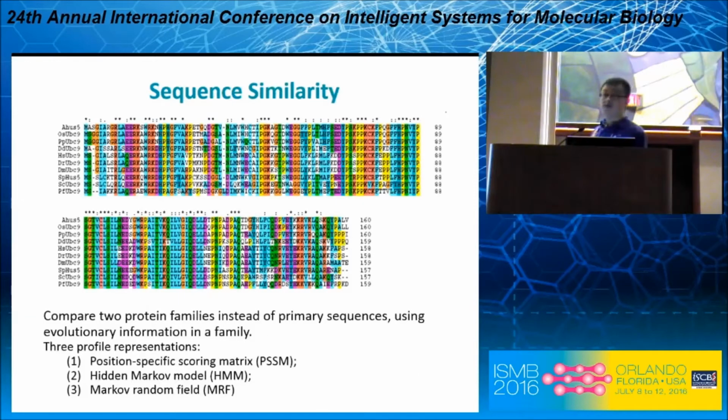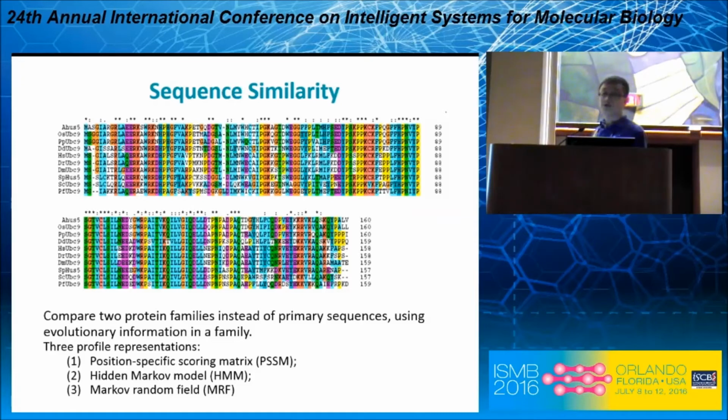Now, what needs to be clarified is we haven't decided what sequence matrix we use to define the sequence space and what structure matrix we use to define the structure space. So the state of the art to define sequence similarity is based on profile ideas because they can capture the evolutionary information much better than the individual sequences.